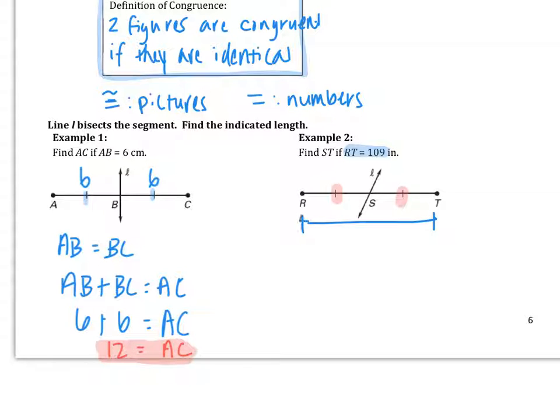The whole line is 109. So if the whole line is 109, and these little dashes tell me that the two sides are the same, well, then 109 divided by 2 is going to equal ST, because it's half. So 109 divided by 2, we get 54.5 equals ST. All right, next page.